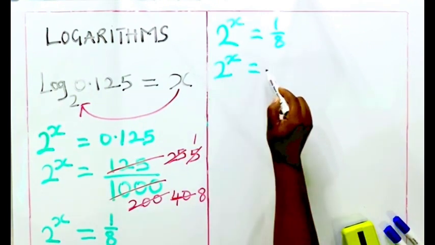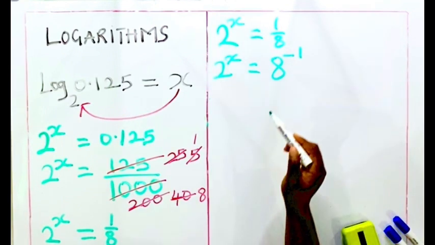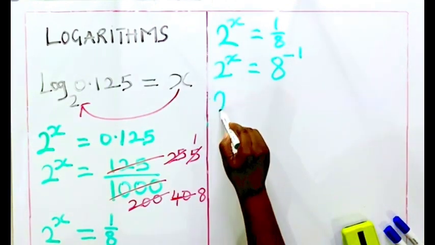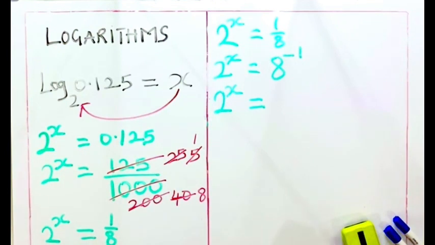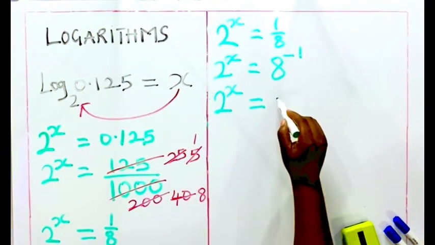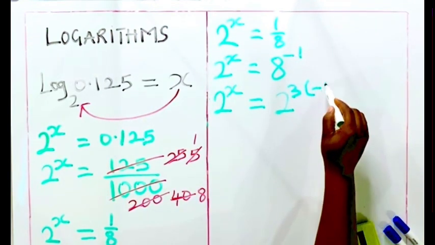And 1 over 8 can also be written as 8 raised to the power of minus 1. 2 raised to the power of x equals, the index form of 8 is 2 raised to the power of 3, and you have your minus 1 here.